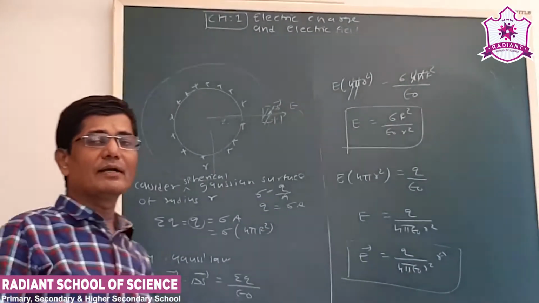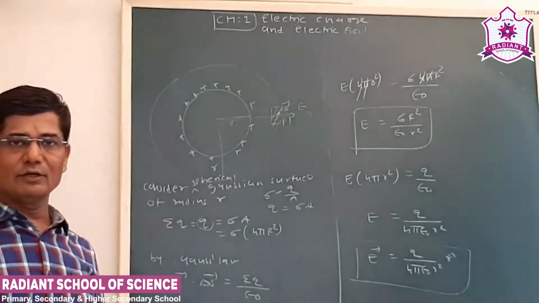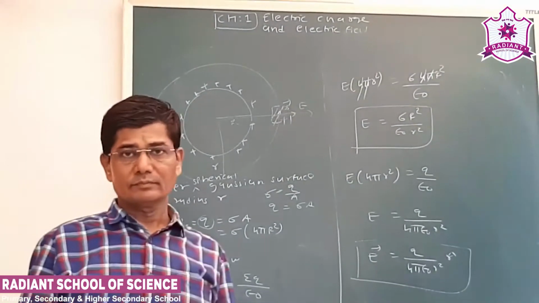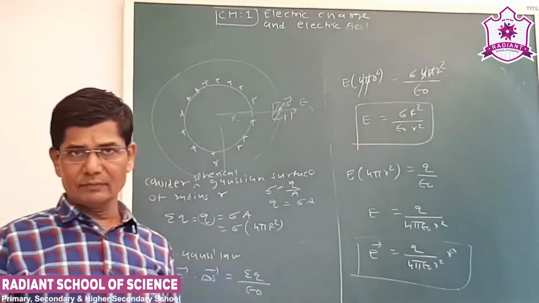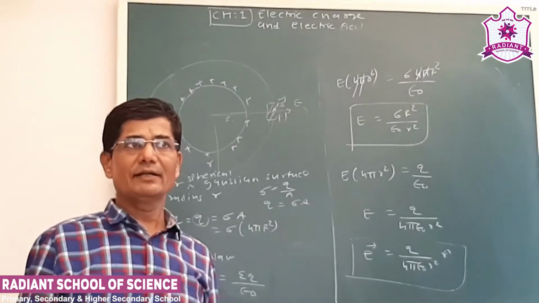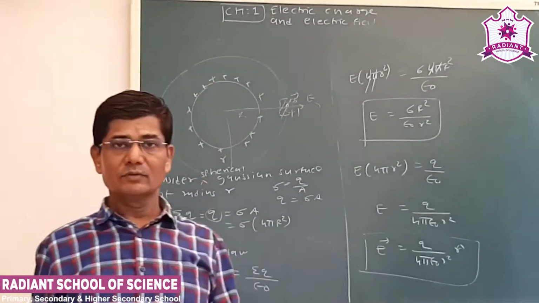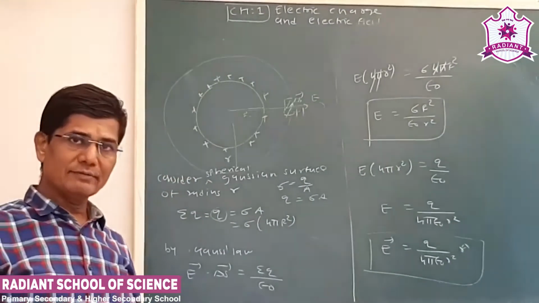So by using the Gauss law, we obtained different equations. Electric field due to a uniformly charged infinitely long wire. Then we obtained electric field due to a uniformly charged infinite plane surface. Then finally a uniformly charged thin spherical shell.